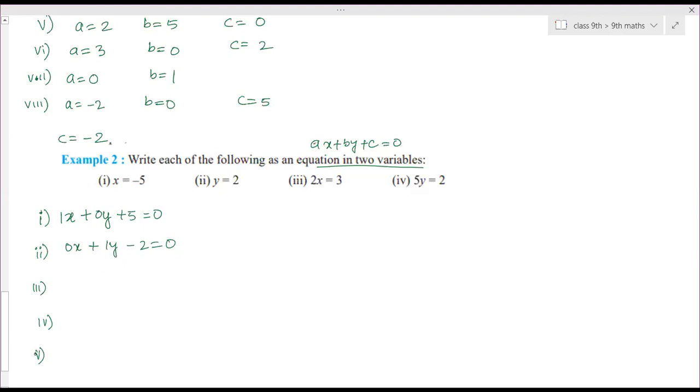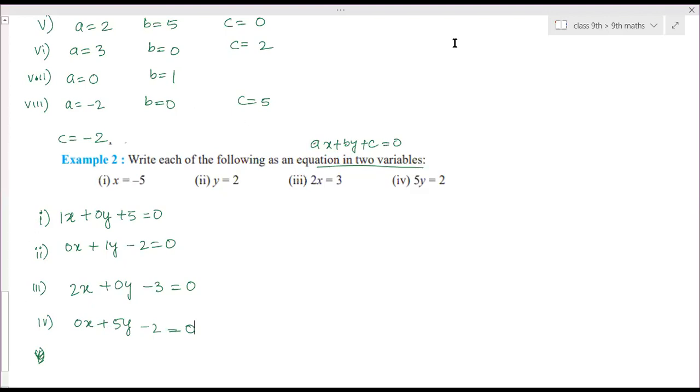Ma'am, 2x plus 0y minus 3 is equal to 0. Okay. Vedank, next one, fourth one. 0x plus 5y minus 2 is equal to 0. Okay. Is this part clear to you?